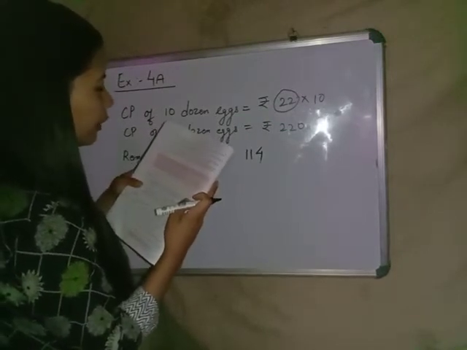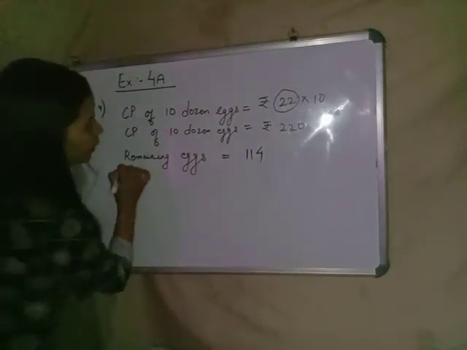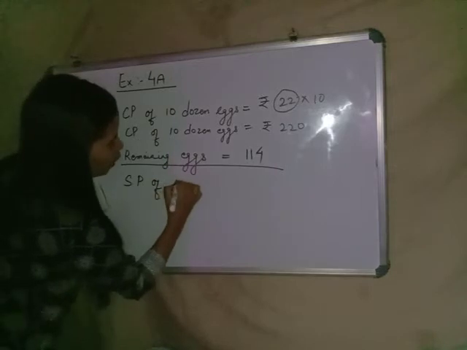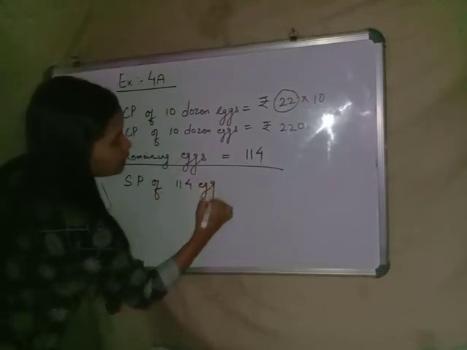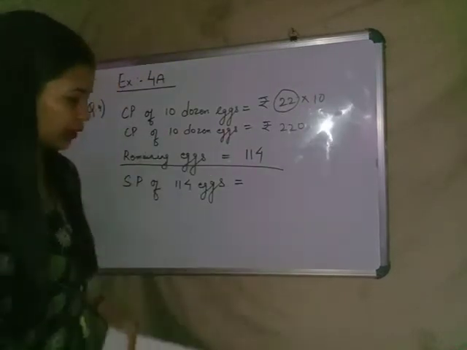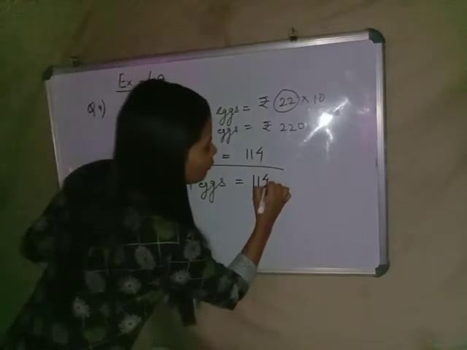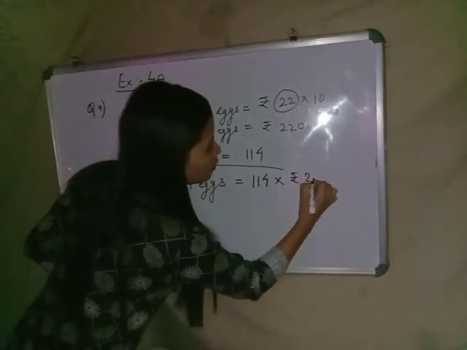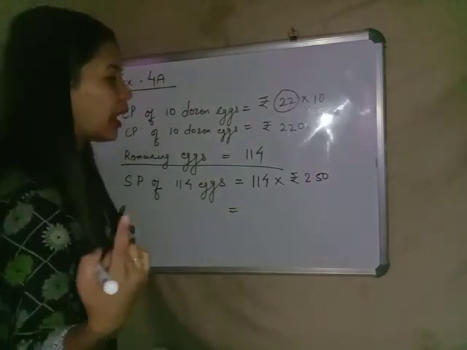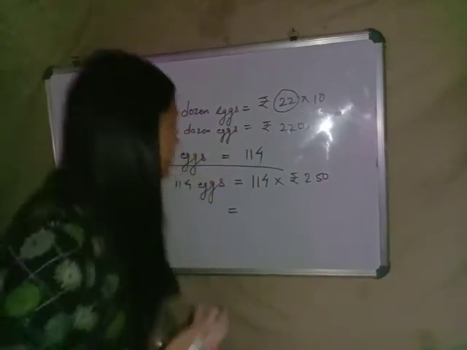He sold the remaining eggs at the rate of rupees 2.50 per egg. So the remaining eggs are this. So the selling price of 114 eggs, he is selling each egg at rupees 2.50 per egg. Okay. So the selling price of 114 eggs will be 114 into rupees 2.50, because he is selling one egg at rupees 2.50. Okay. So let's find out how much this is.